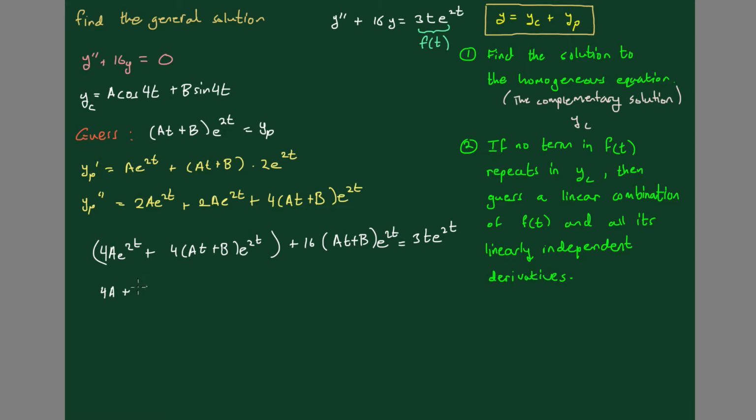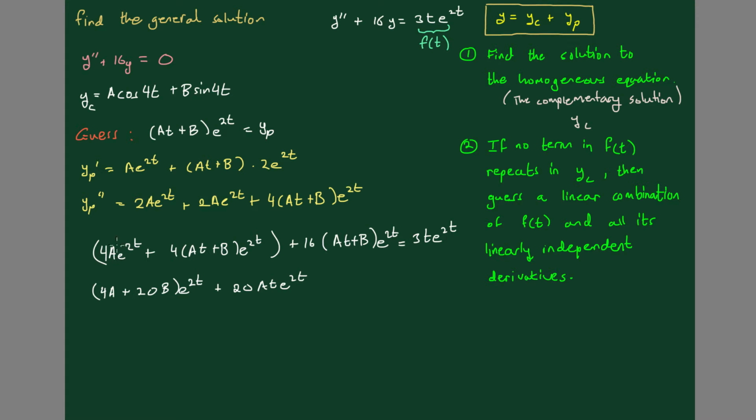So 16 plus 4 gives us 20, so we're going to have 20b times e to the power 2t. And now we're going to combine the terms involving t. So this is going to be 4at plus 16at. So that should give us a total of 20at, so we're going to have plus 20at e to the power 2t.